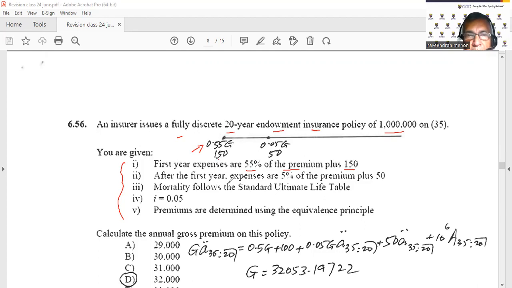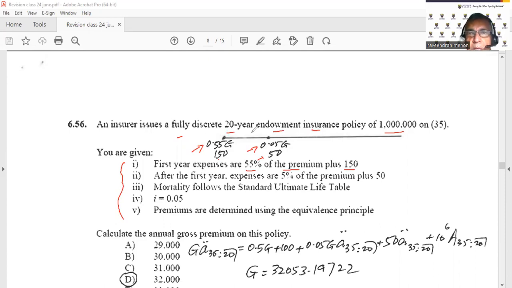Then the following year, after the first year, expenses are 5% of the premium plus 50. Now, then you have your mortalities as per standard ultimate life table. Interest is 5%. Premiums are determined using the equivalence principle. Okay. And you also calculate the annual gross premium on this policy.